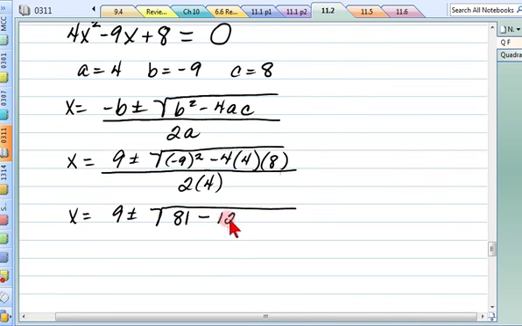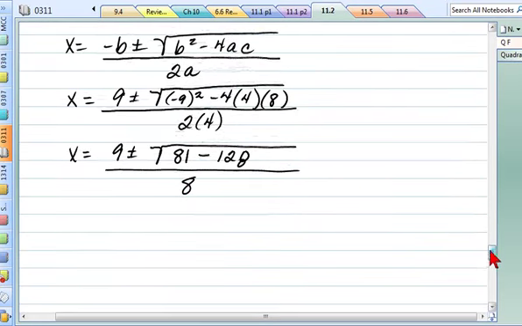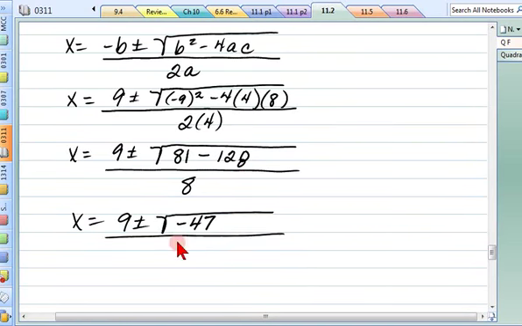Negative 120? 124? 128, sorry. That is all over 8. So I have x is equal to 9 plus or minus the square root of, what is 81 minus 128? Okay, negative 47, and that's over 8.